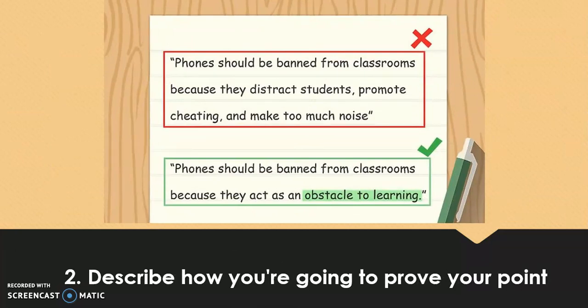Describe how you are going to prove your point. Round out your introduction by providing your readers with a basic roadmap of what you will say in your essay to support your thesis statement. In most cases, this doesn't need to be more than a sentence. If you have created an outline for your essay, this sentence is essentially the main subject of each paragraph of the body of your essay.